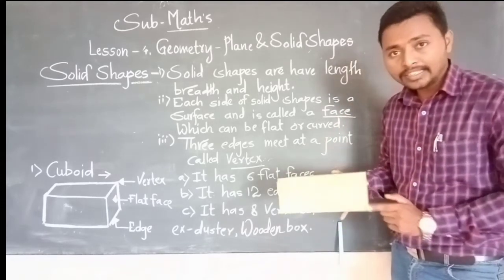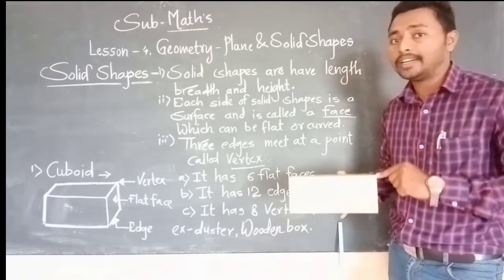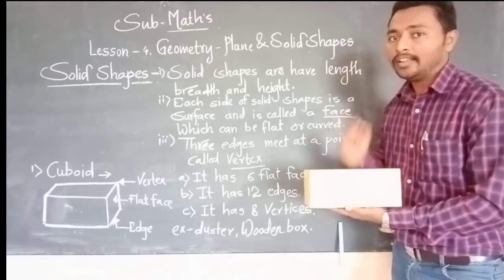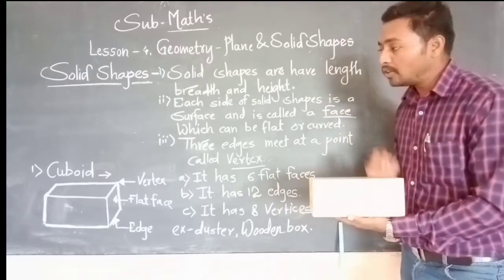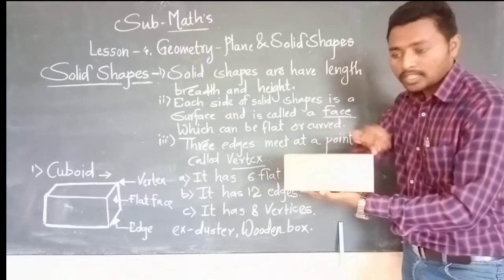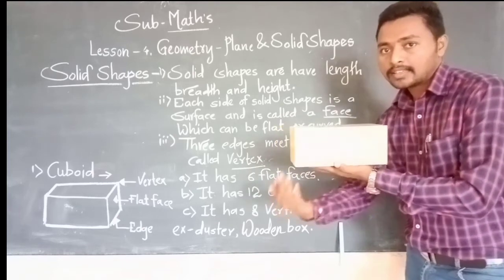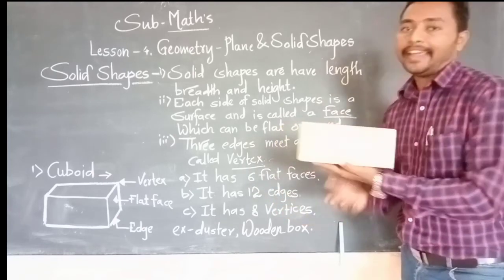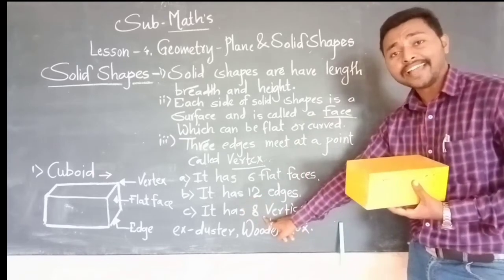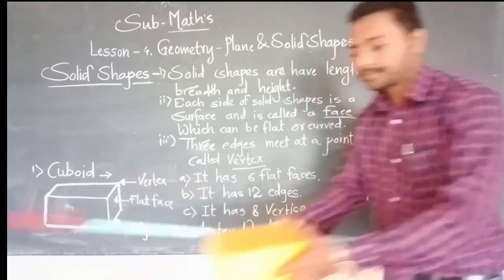Vertex यानी तीनों sides जिस एक पॉइंट में मिलते हैं उसे हम वर्टेक्स कहते हैं, and the plural form of vertex is vertices. So let's count the vertices of this cuboid. Number 1, 2, 3, 4, 5, 6, 7 and the last one, 8. That means it has how many vertices? It has 8 vertices.